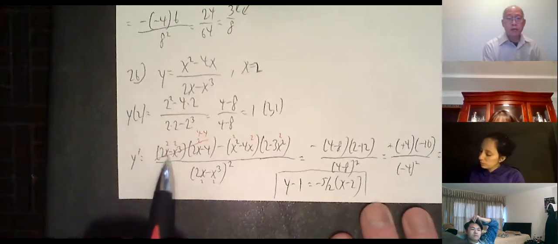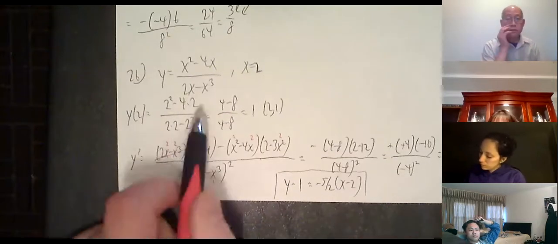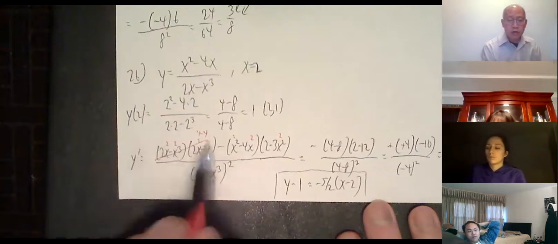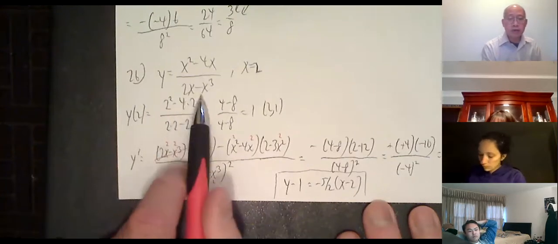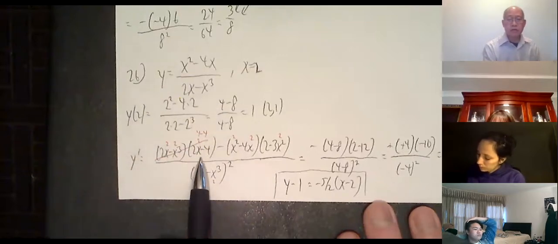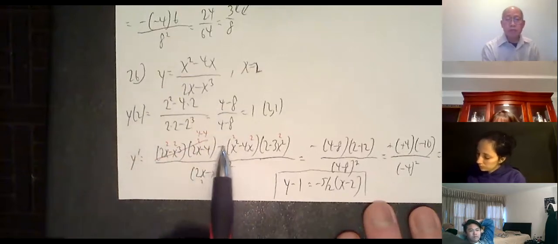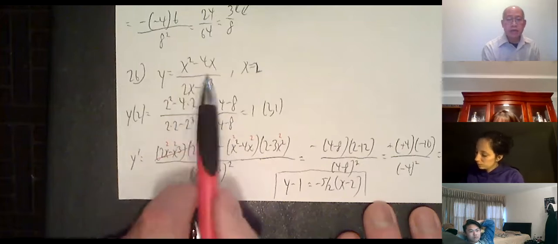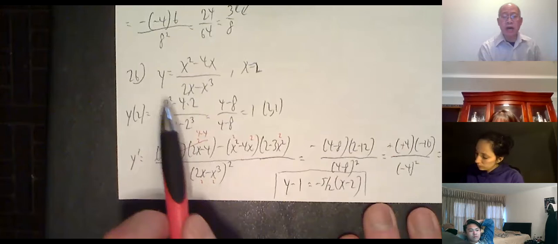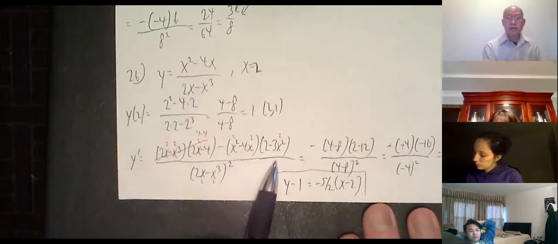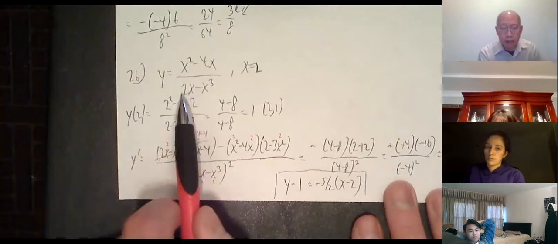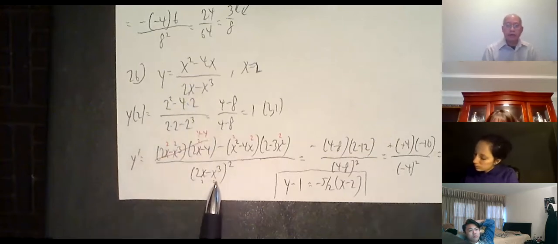So now I find the derivative. So bottom, ignore all the crossouts temporarily. 2x minus x cubed times the derivative of the top, 2x minus 4, minus the other way around, x squared minus 4x, times the derivative of the bottom, 2 minus 3x squared, all over the denominator squared, 2x minus x cubed squared.